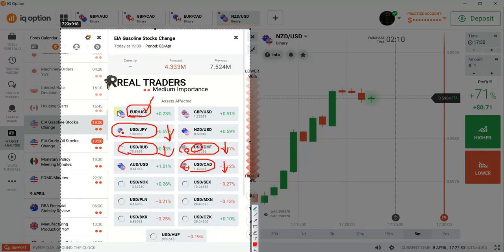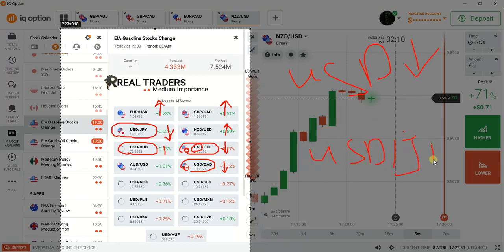So USD goes down, but Euro will go up. So the price in the Euro USD will go up, in the GBP USD will go up, in the NZD USD will go up. So when the USD is going down, the USD JPY will go down, but the Euro USD will go up.